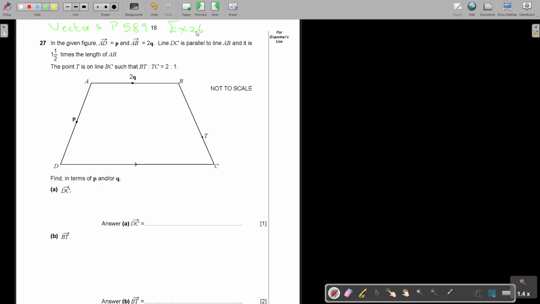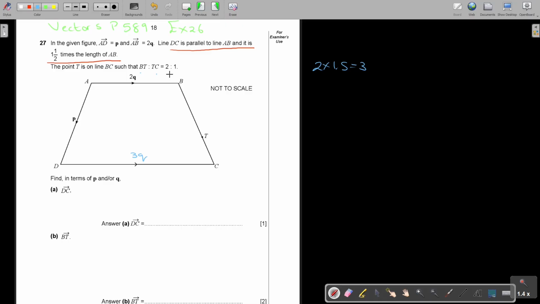Now can I just underline the most important: line DC is parallel and it's 1.5 times the length of AB. Now if you take 2 and you multiply it with 1.5, what do you get? 3. So this will be 3Q in this direction. Then I know that BT to TC is 2 to 1.